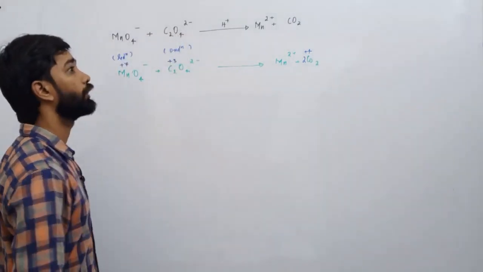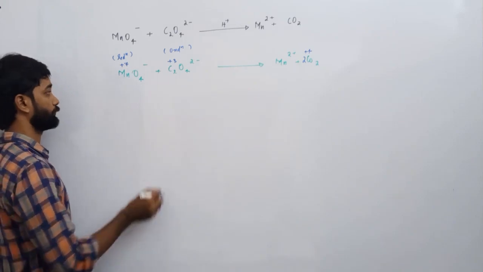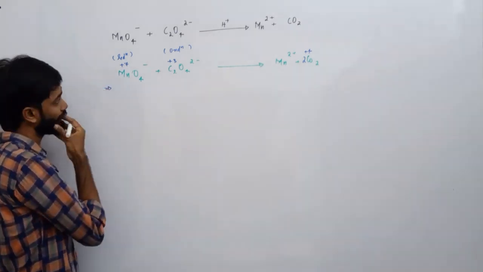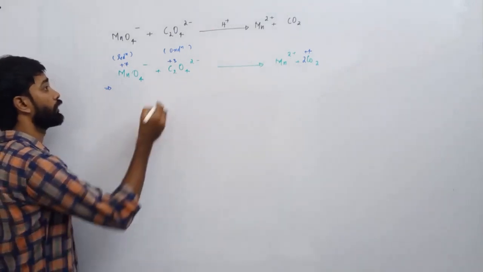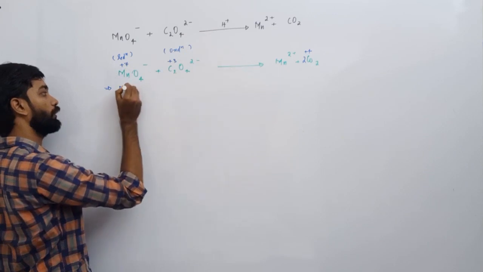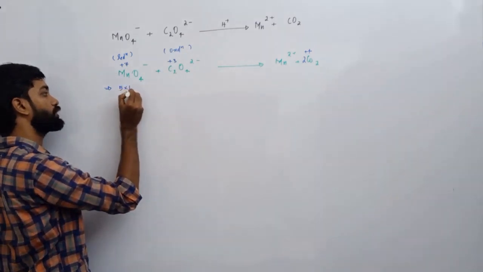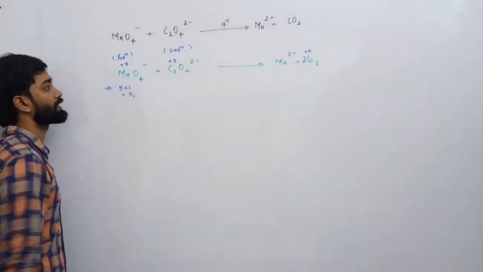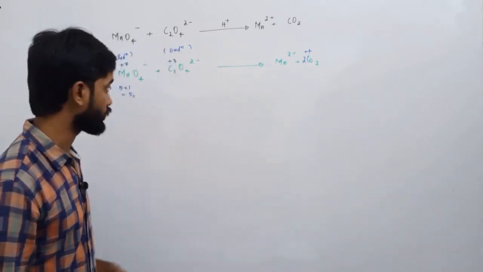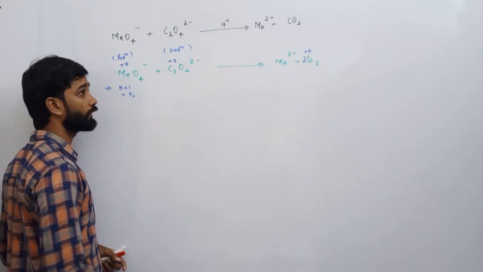Then make electron lost and gained the same. Electrons gained by manganese: change in oxidation state from 7 to 2, that is 5, into number of manganese 1. So 5 is the change in oxidation state, or electrons gained.